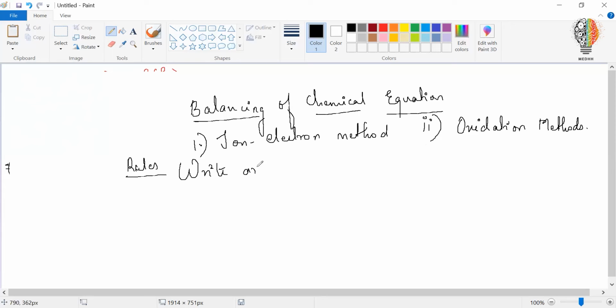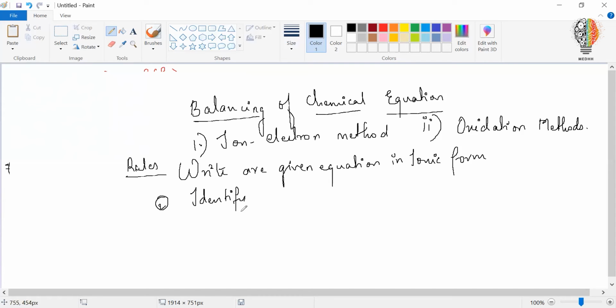So write the given equation in ionic form. Okay, it will be given to you. If they have given it to you, well and good. And if they have not, then you are going to write it. Most of the time it will be given to you, because they will just ask you to balance it out, right?